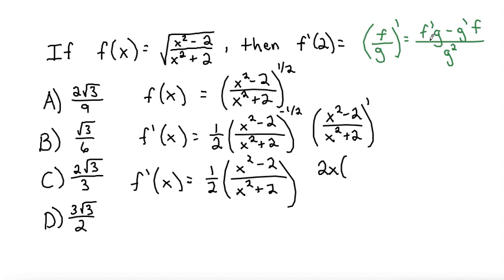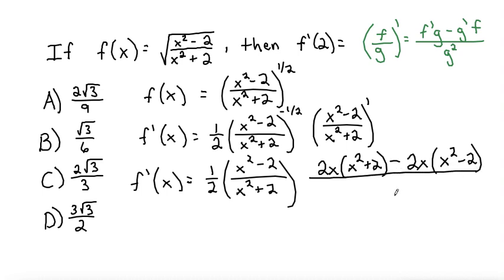I'm going to multiply that by the bottom function, which is x squared plus 2. Now I'm going to subtract the derivative of the bottom, which is 2x, the plus 2 goes to 0, and then I'm going to multiply that by the top, which is x squared minus 2. Divide all of that by the bottom squared, which is (x squared plus 2) squared.